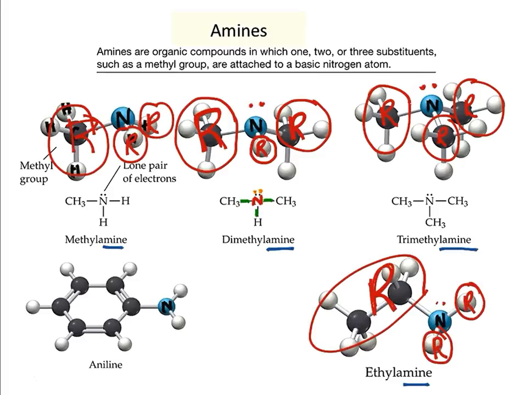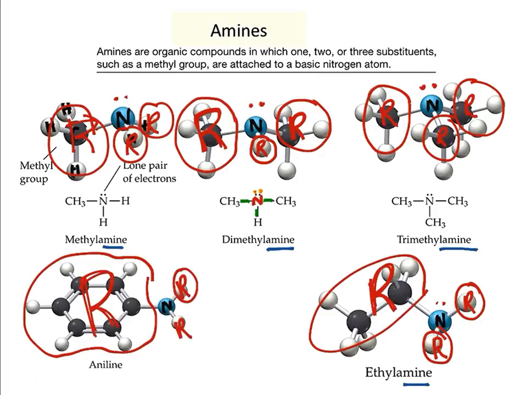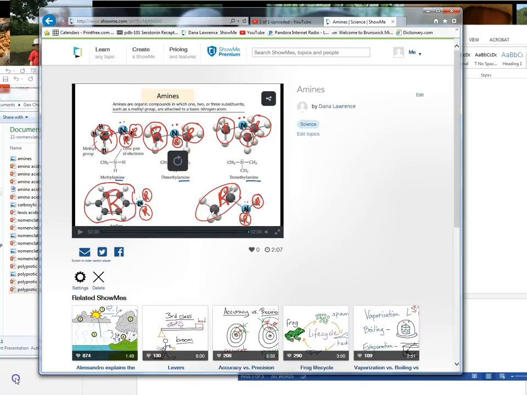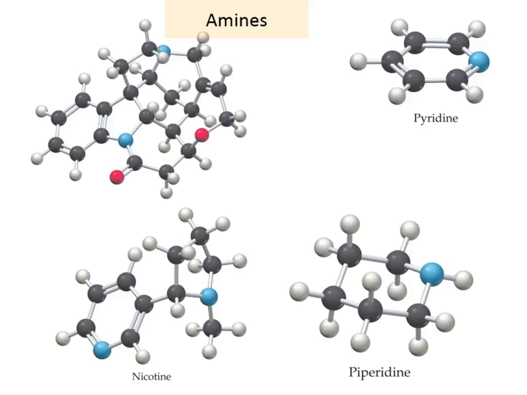That's 3 attached groups and 1 lone pair. Each one has 3 attached groups and 1 lone pair. Here you have 1 big R group, 1 attached group. That hydrogen's another one, that hydrogen's another one, and there's a lone pair that wasn't drawn. So here are some examples of other amines where you see the nitrogen with 3 attached groups. The nitrogen is shown in blue.